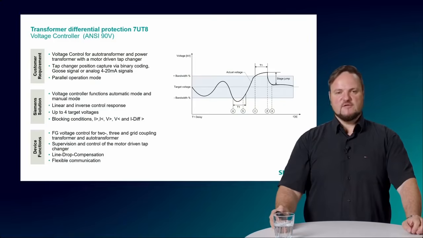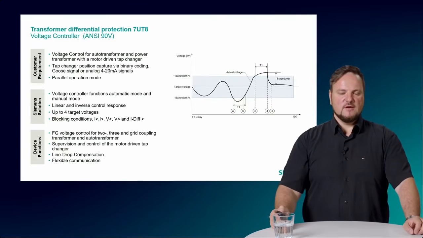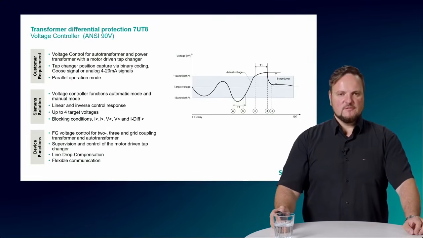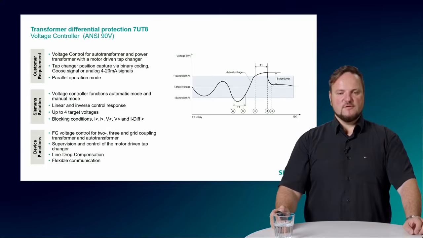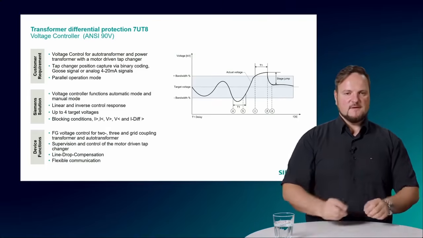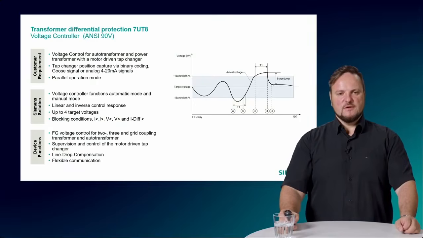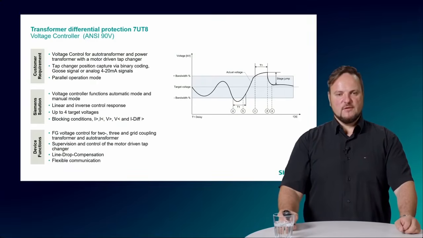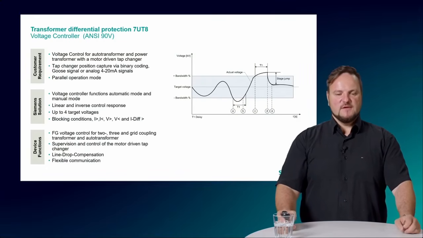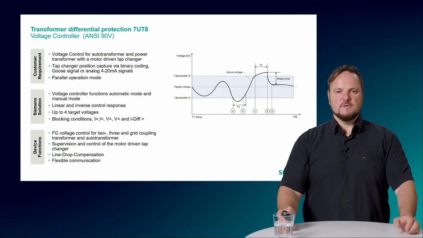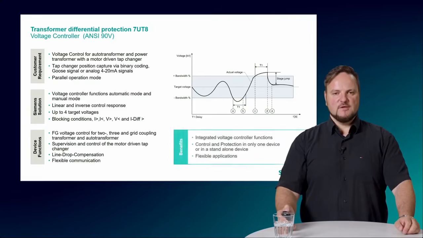We offer flexible communication with different communication modules or communication protocols to the SCADA system, to the station bus and so on. So the voltage controller can talk T103 or IEC 61850. That means we also have the possibility for multiple protocol implementations in one device.